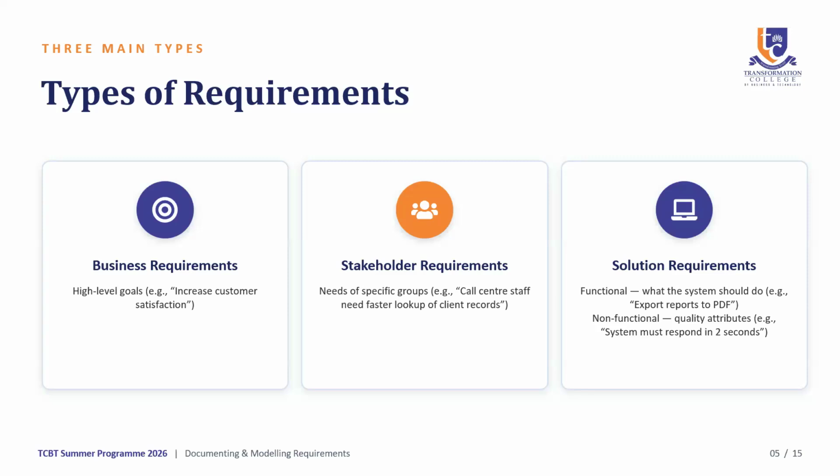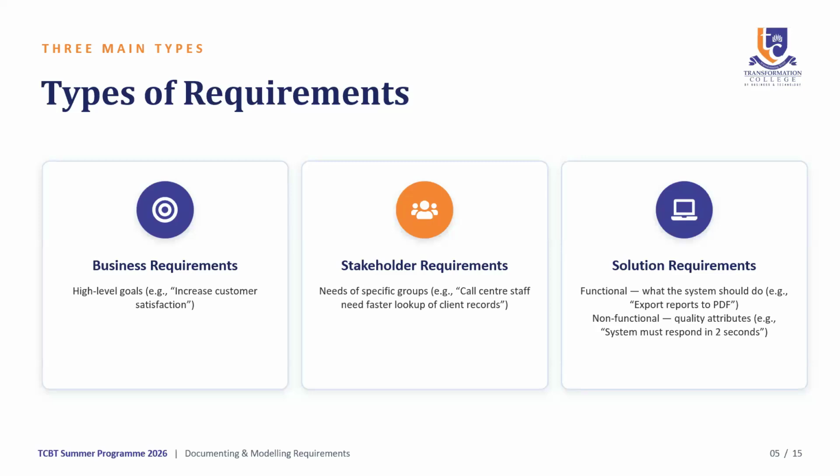Then we go into stakeholder requirements. Stakeholder requirements speak to the need of the users, what you want the user to get or be able to do, what you need them to be able to achieve on the system.